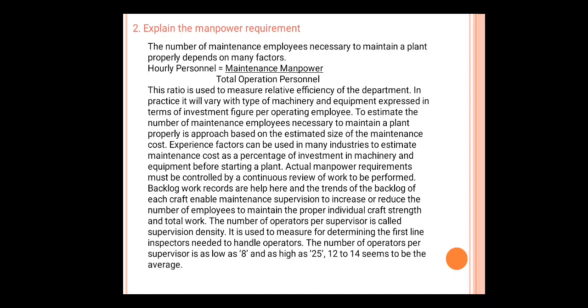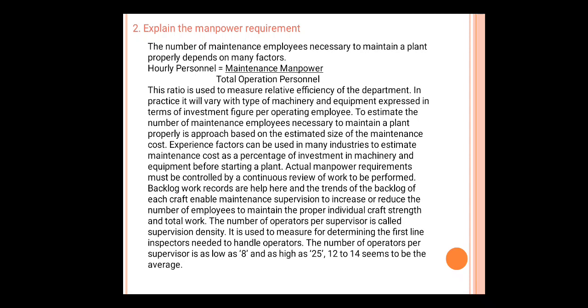Experience factors can be used in many industries to estimate maintenance cost as a percentage of investment in machinery and equipment before starting a plant.